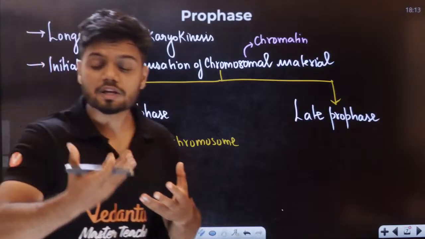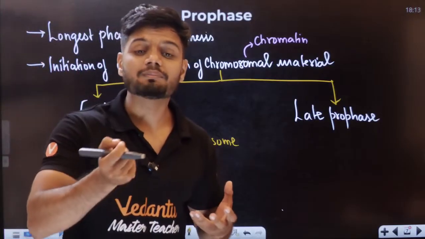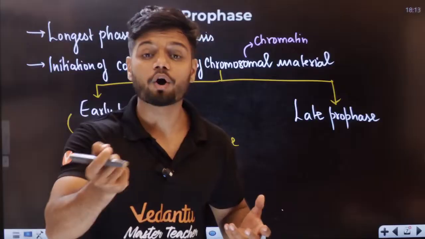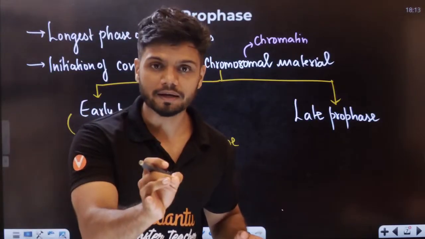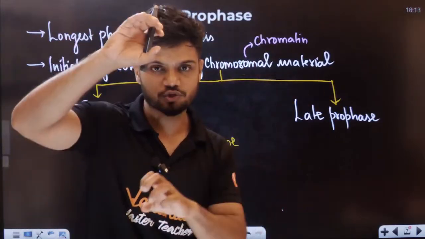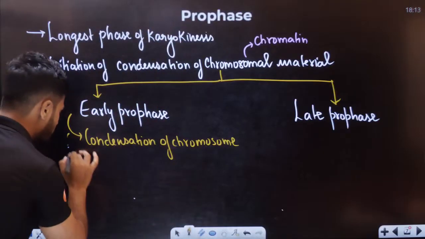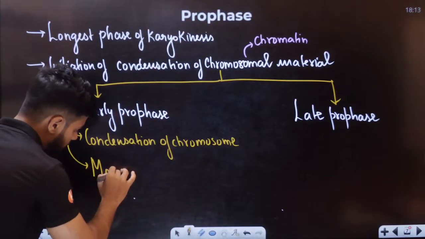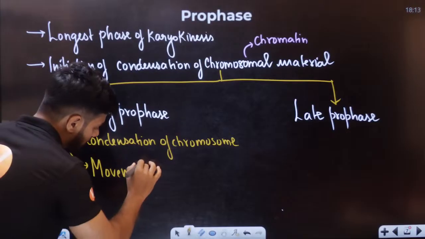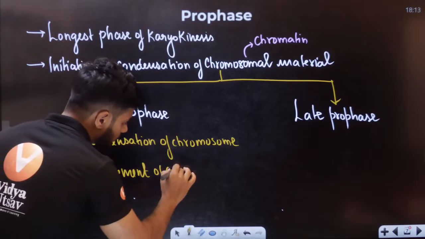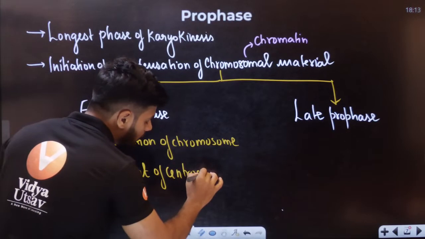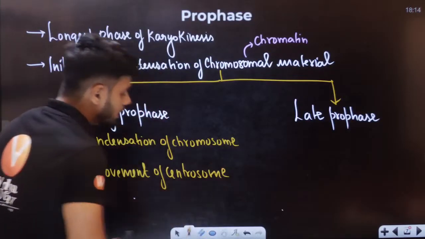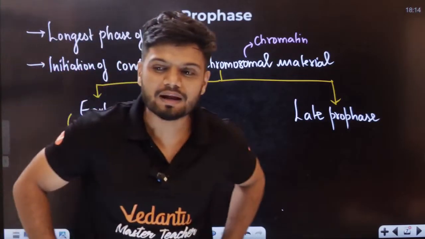Apart from condensation of chromosome, there will be something called movement of asters or movement of centrosomes. Actually, there is something called movement of centrosome. Now students, if I am mentioning centrosome, am I talking about a plant cell or animal cell?